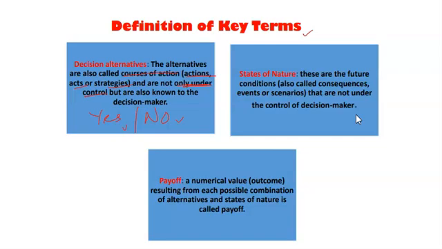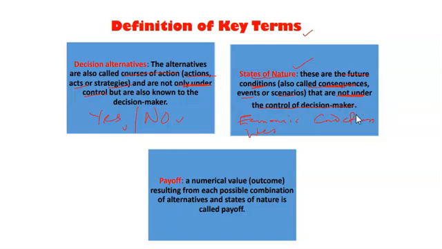Then we have what we call states of nature. These are the future conditions, consequences, events, scenarios that are not under your control as a manager. For instance, the economic condition is not under your control as a manager.